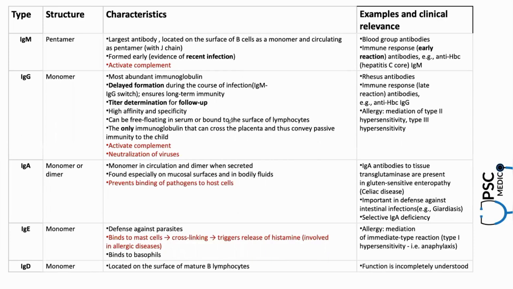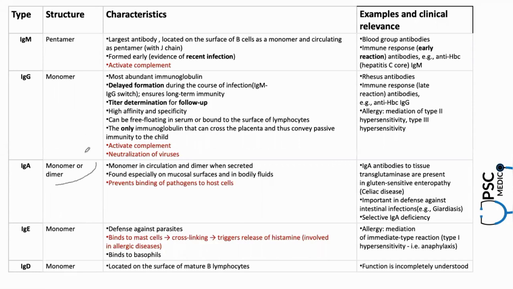The rest you can read from the notes, but the more important thing is that the activation of the complement system is mainly because of IgM and IgG. Both IgM and IgG activate the complement system, and these two are involved in type 2 and type 3 reactions, mainly IgG. So hypersensitivity reactions are also because of these immunoglobulins.